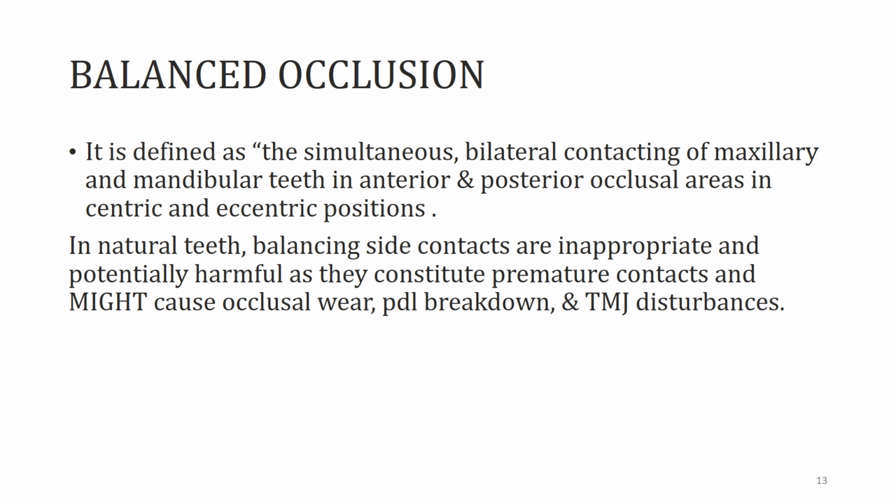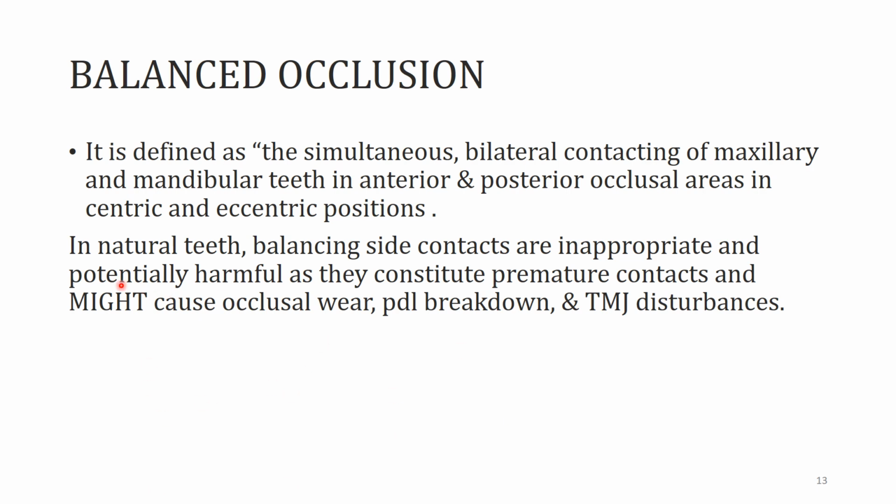Coming to the balanced occlusion, here all teeth are in bilateral contact in anterior and posterior occlusal areas in centric and eccentric positions. That is what the definition says. All the sides, both the jaws, the anterior and the posterior teeth, have to be in contact in any position.